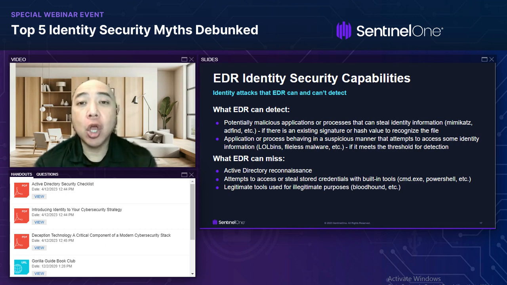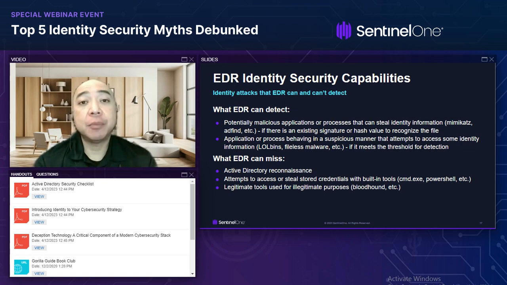For example, I can go and Google for PowerShell to access Credential Manager, and it'll give me a way to create a PowerShell script that will look in Credential Manager on Windows, see what's stored there, and dump all of that, including the stored hashes of those credentials. But because it's PowerShell and it's a built-in application, EDR might miss it.